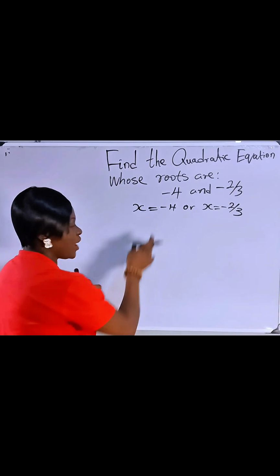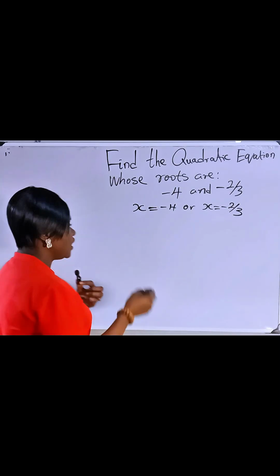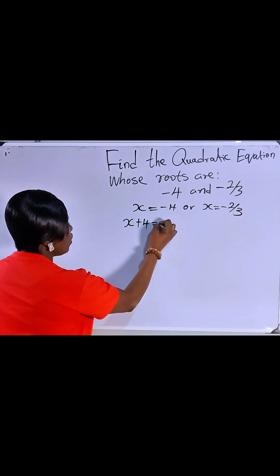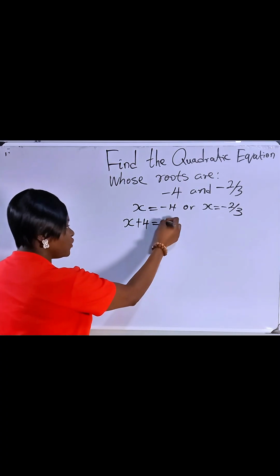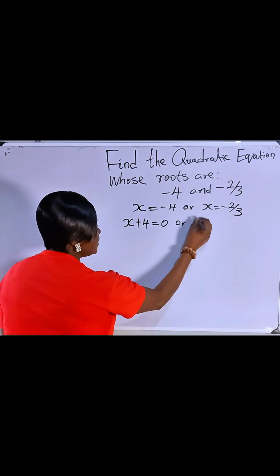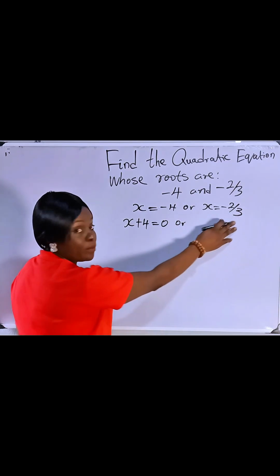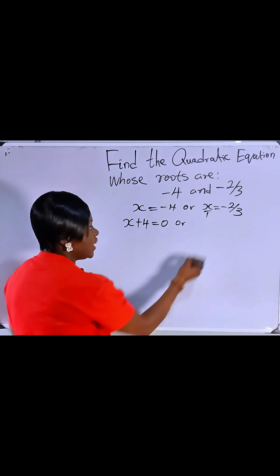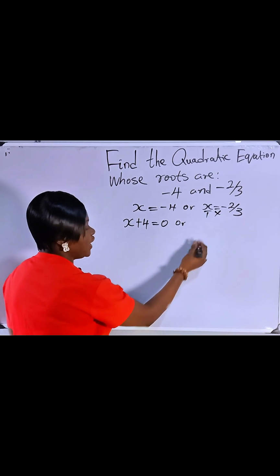For this side, we are going to add 4 to both sides. So we have x plus 4 equals -4 plus 4, which gives us 0. So x plus 4 equals 0. For the other case, we have a denominator, so this can be written as x divided by 1, and we cross multiply.